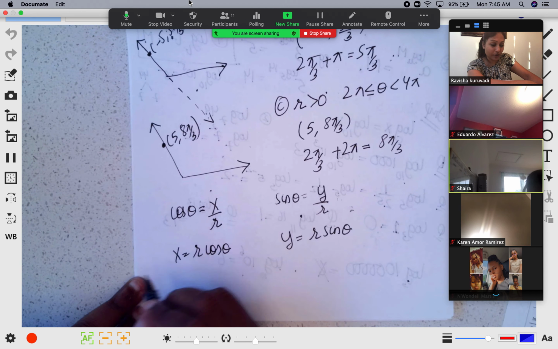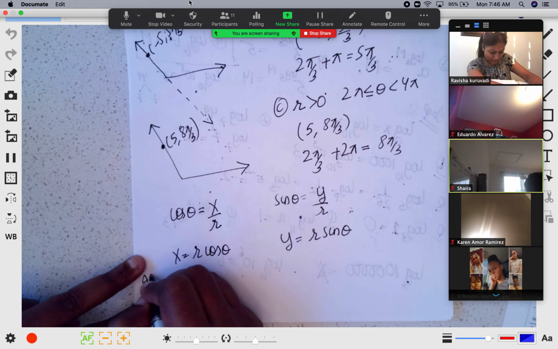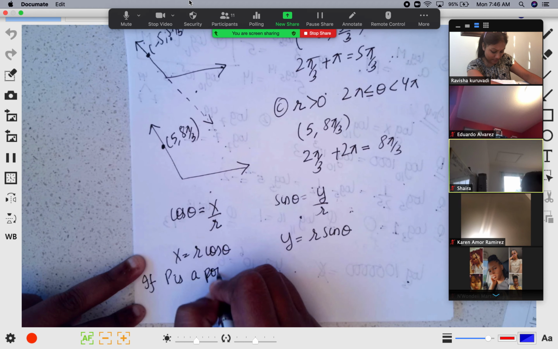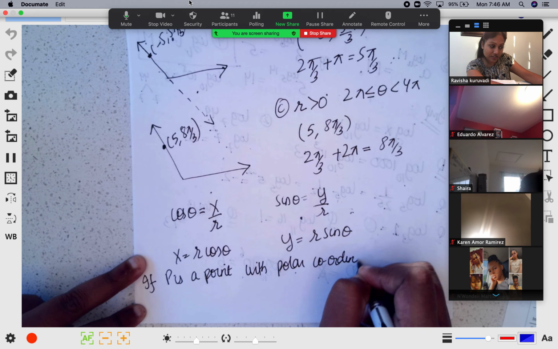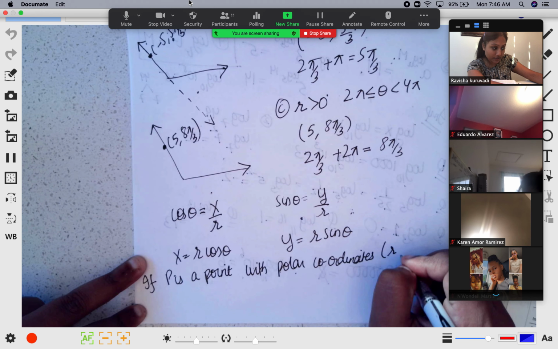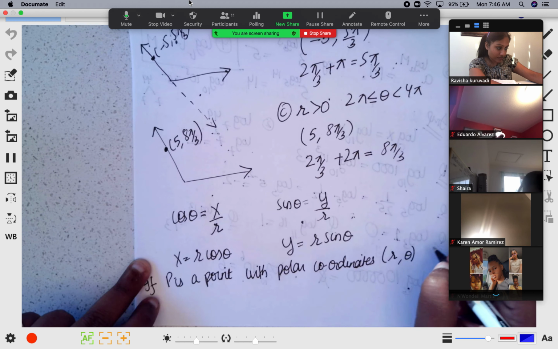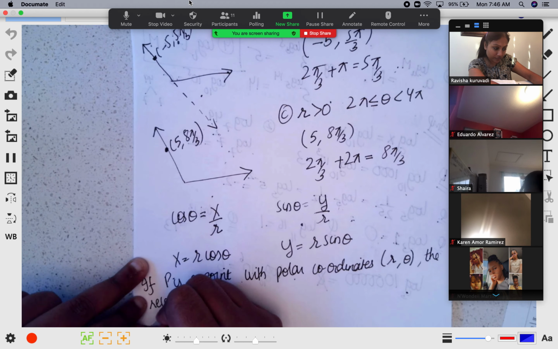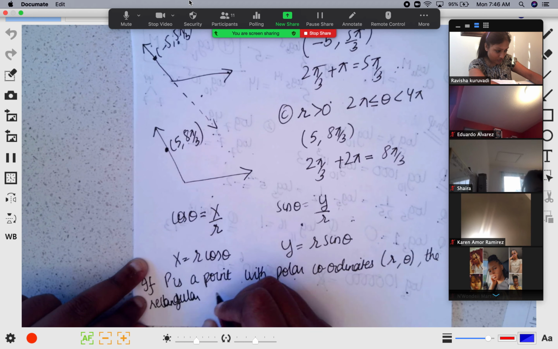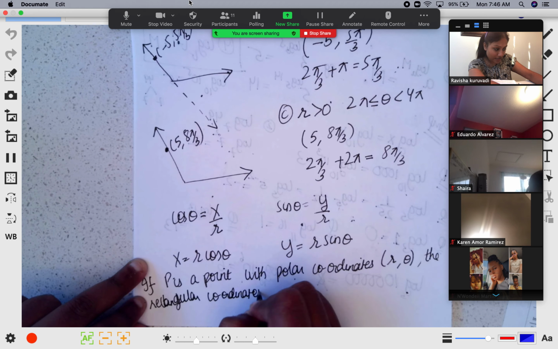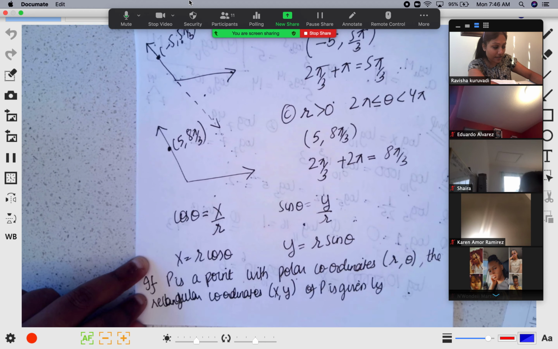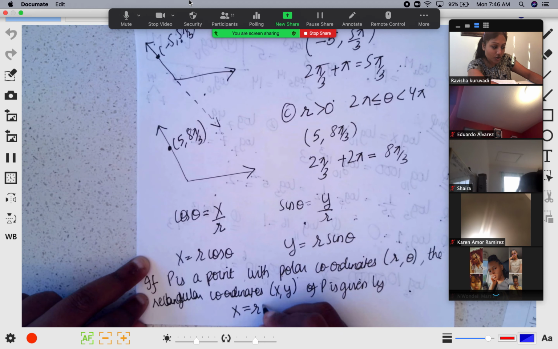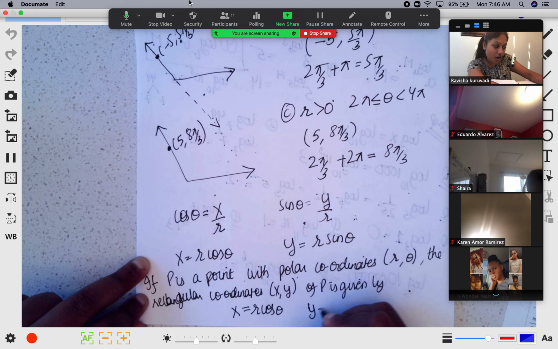If you want to write the definition, it says if P is a point with polar coordinates r, theta, the rectangular coordinates x, y of P are given by x equals r cosine theta and y equals r sine theta.